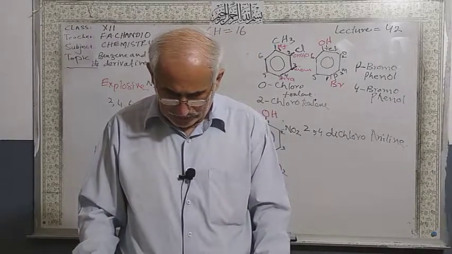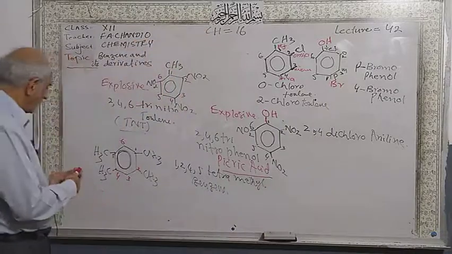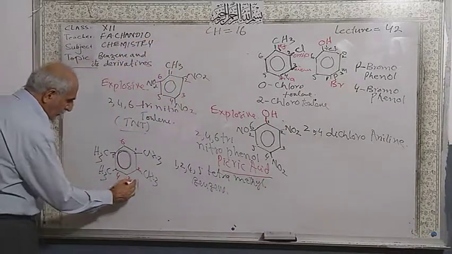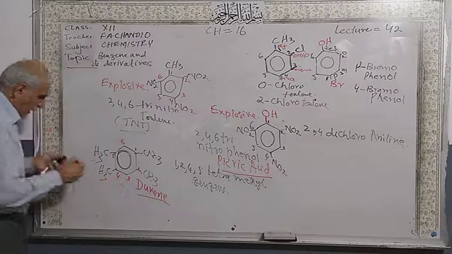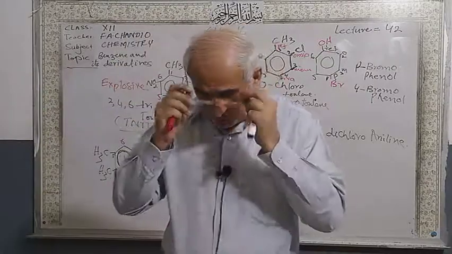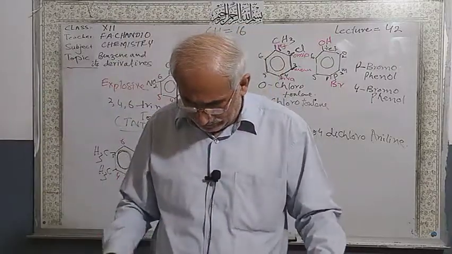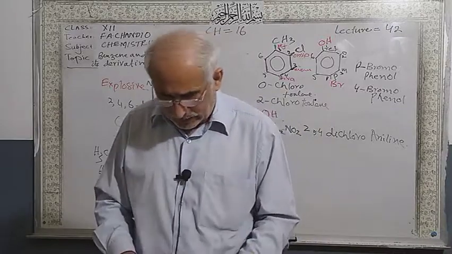Or we call it durene, the common name. It is also called durene. So if you see others also, there are many. In your book, I am going to write from the activity.